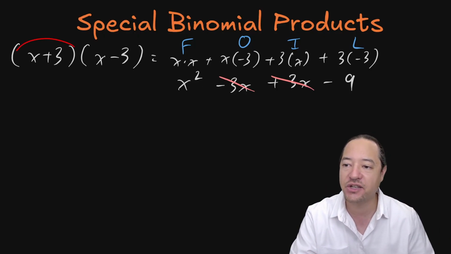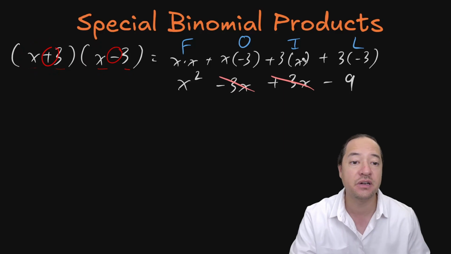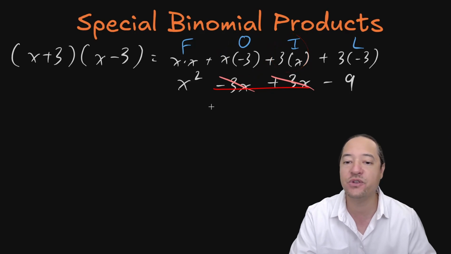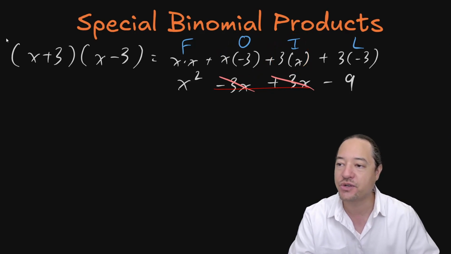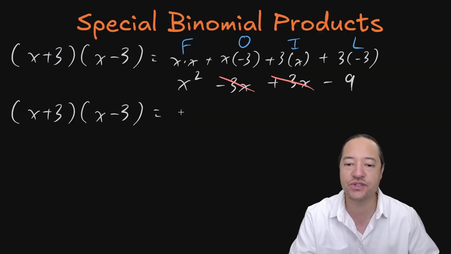When you have 2 binomials like this, the same 2 terms but the opposite sign, the middle 2 terms, the outer times the outer plus the inner times the inner, are always going to cancel out, okay? And so what we're left with is x squared minus 9, okay?